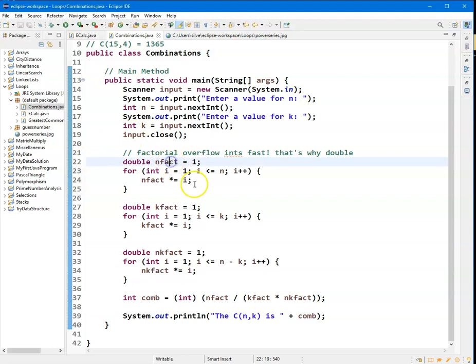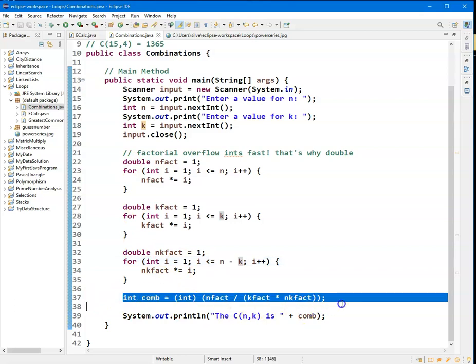But this is how you do n factorial. The only real difference is the upper limit of the calculation. But once we have those values, we can perform this calculation here. And that's it. We can print out the combination. So you'll have to take on faith that this answer does work.